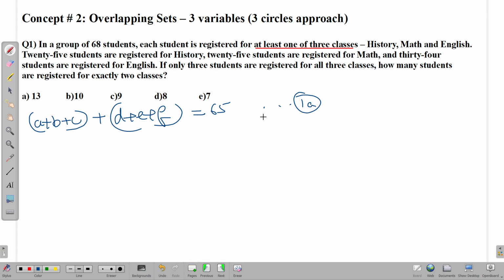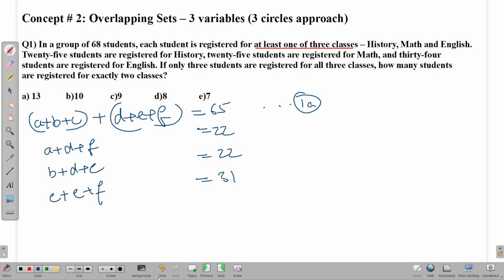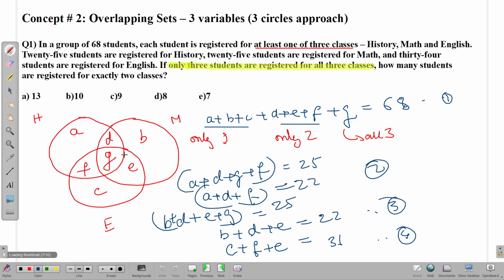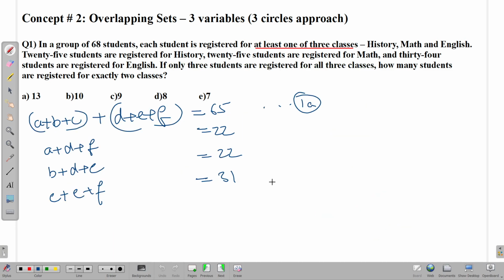Then I have A plus D plus F is equal to 22, and B plus D plus E is equal to 22, and C plus E plus F equal to 31. All these three follow from this one graph. So these are my equations.